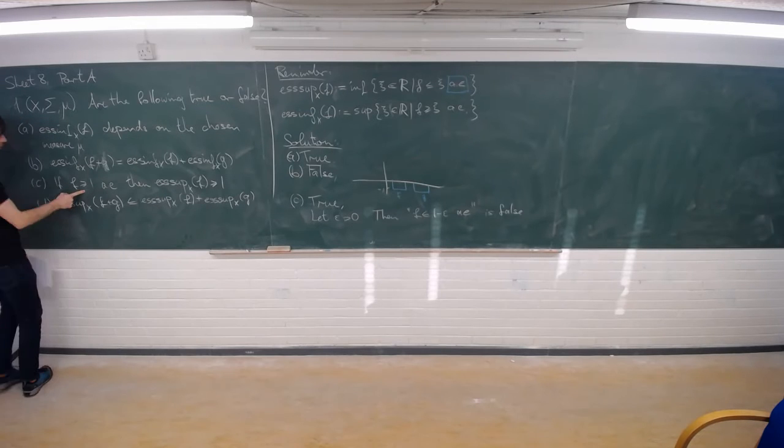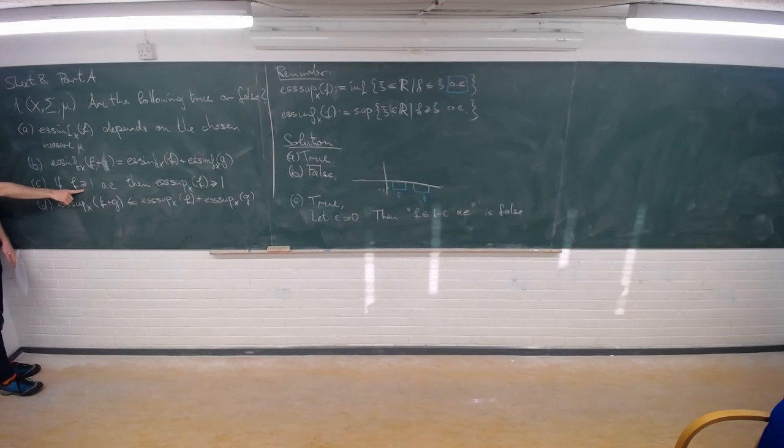If it's greater or equal to 1 almost everywhere, then the set of points where it's less than 1 has measure 0.